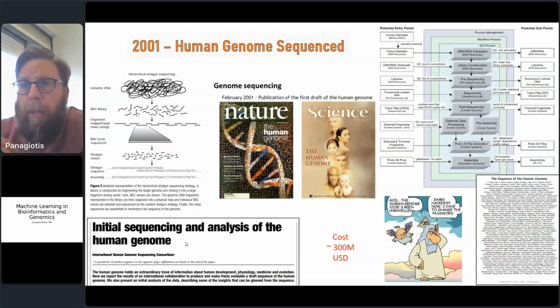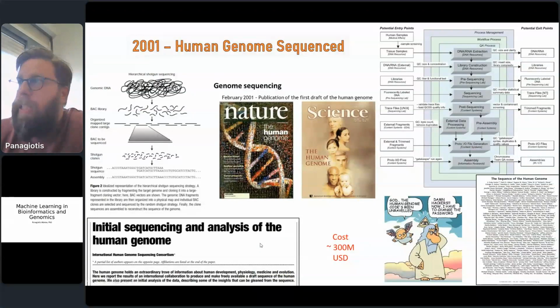And then in the meantime, because new technologies were being produced, an independent organization started in parallel, a bit later, in a private initiative, and they ended up finishing at the same time.